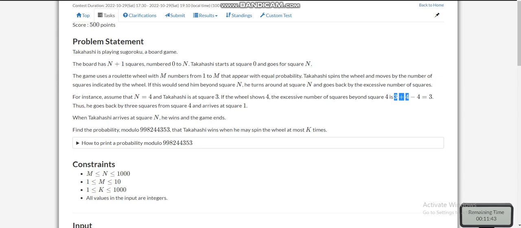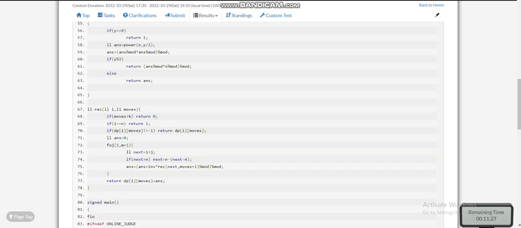Now we are doing next minus n, and at the end we subtract this from n. So it is nothing but n minus parenthesis next minus n. And now answer equals answer plus 1 by m, that is inverse, into rec of next comma moves plus 1. This is quite straightforward.